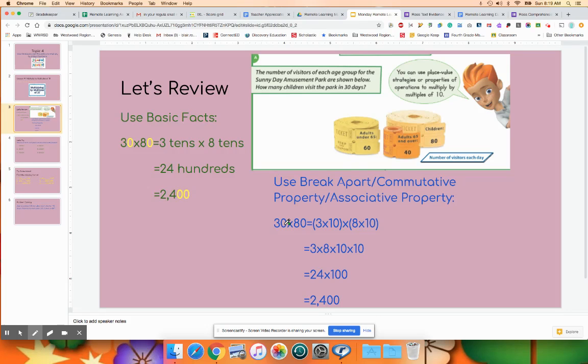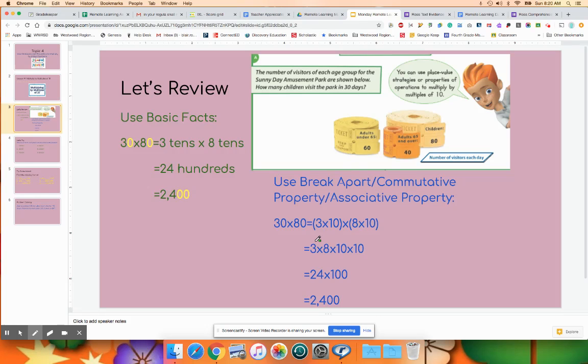If we're going to use the break apart, commutative and associative property all together, there's a lot going on here. So we take our 30 times 80. And we know 30 is really the product of 3 times 10, and 80 is the product of 8 times 10, okay? I can then rearrange those numbers because the commutative property tells me I could change the order and it won't change the product.